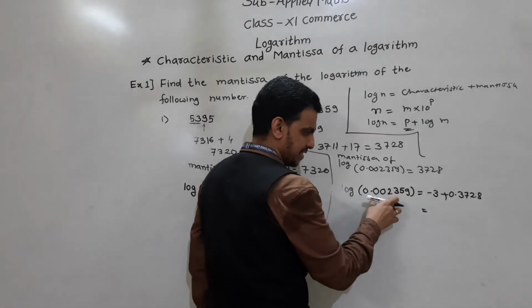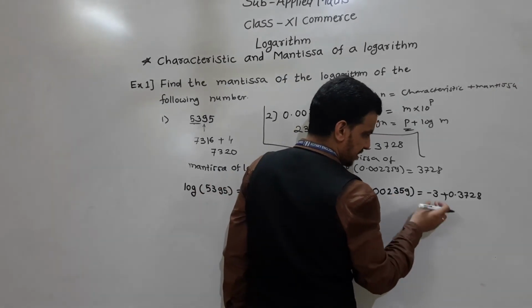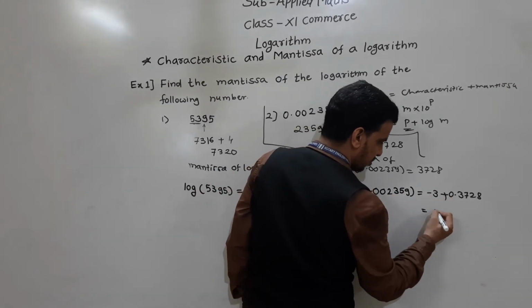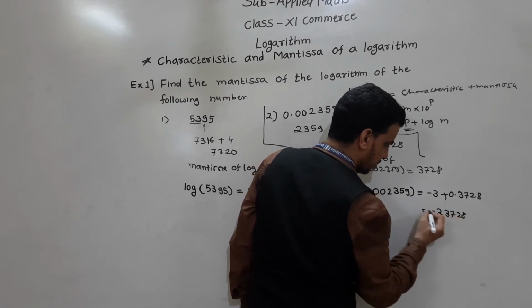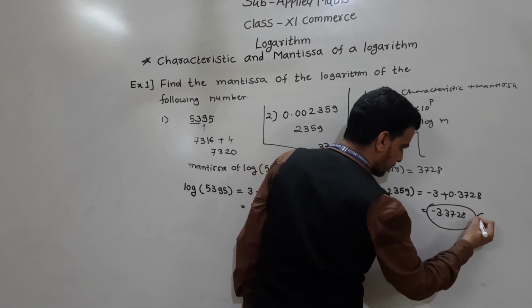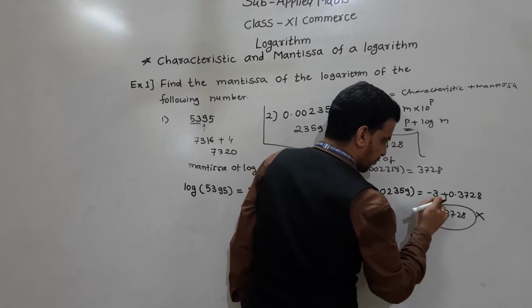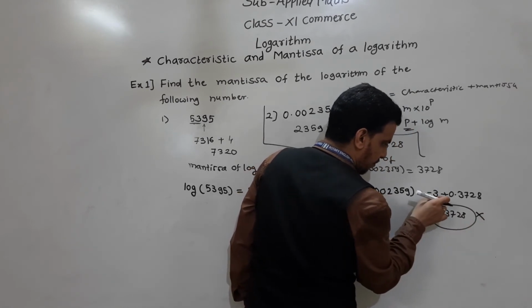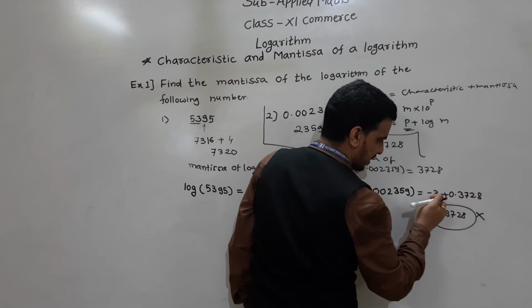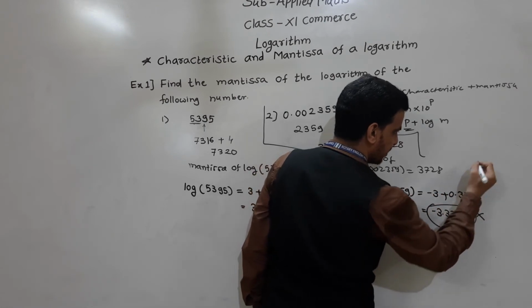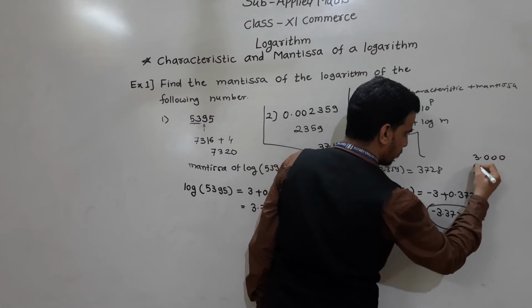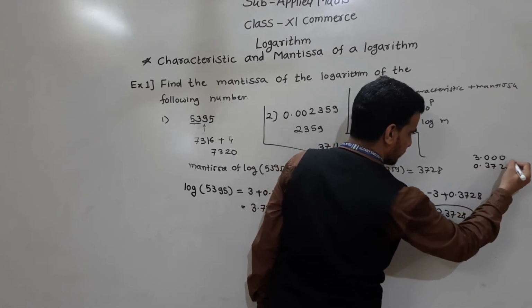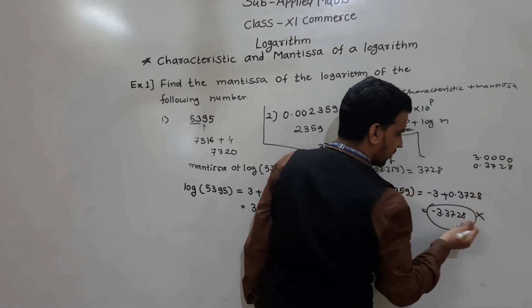Okay, so when we are finding the log of a number which is less than 1, if minus 3 is there, don't write it this way, minus 3.3728. This is wrong, because when we add minus 3 plus 0.3728, from 3 we have to subtract 0.3728, and then we have to give the minus sign.